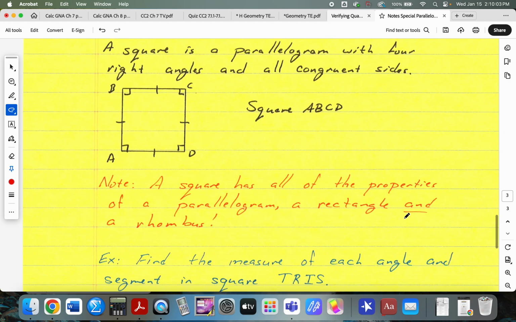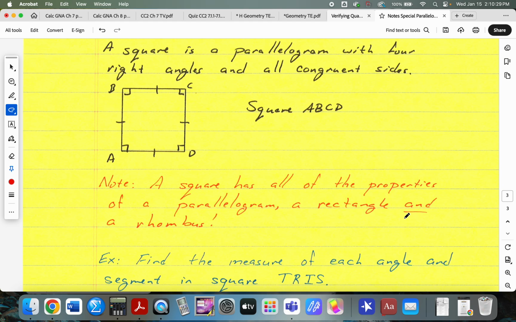All right, last one is a square. A square is a parallelogram with 4 right angles and all congruent sides. What do we call a polygon where all the sides are the same and all the angles are the same? Anybody remember that? Yes.